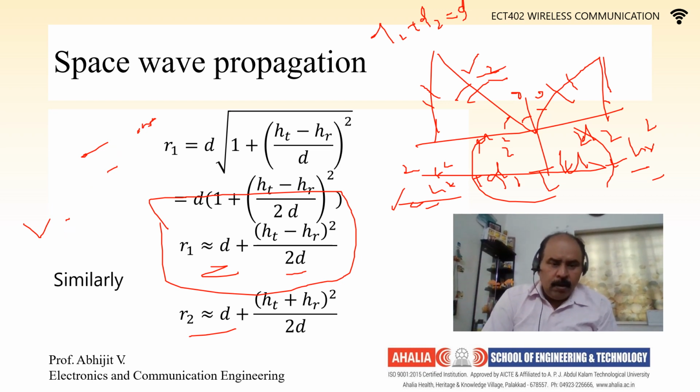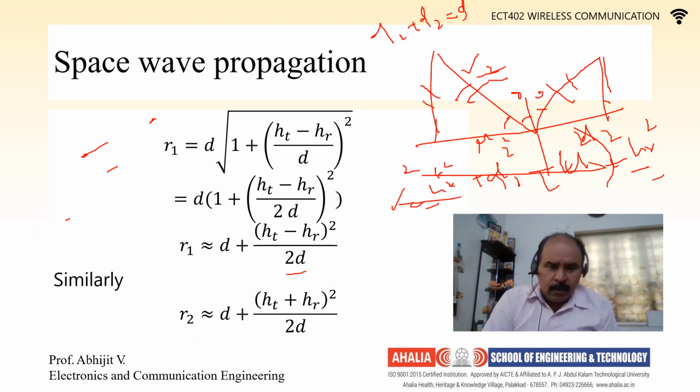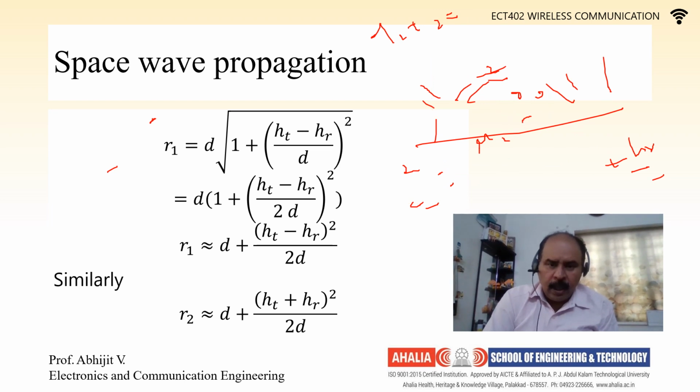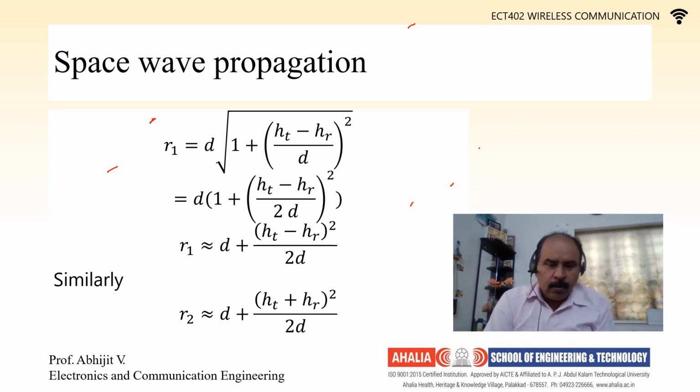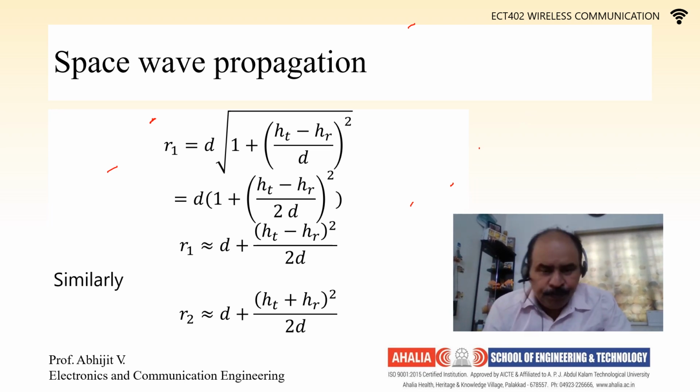And on solving this, similar to what we have done for R1, we'll get R2 is equal to D plus (HT plus HR) square by 2D. Am I right? Are you able to get me? So we have found out R1 and R2.